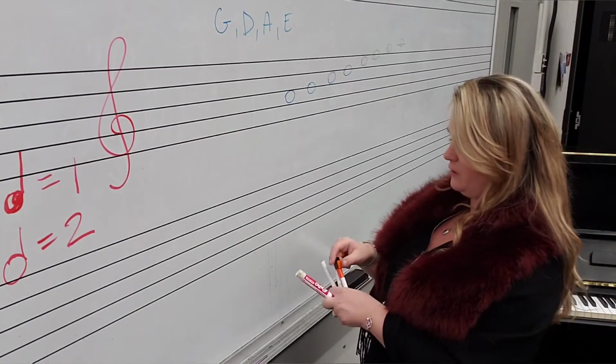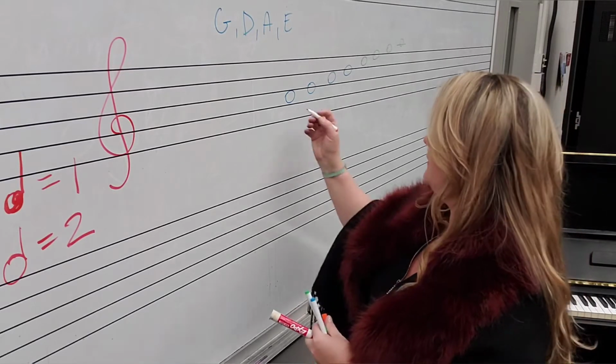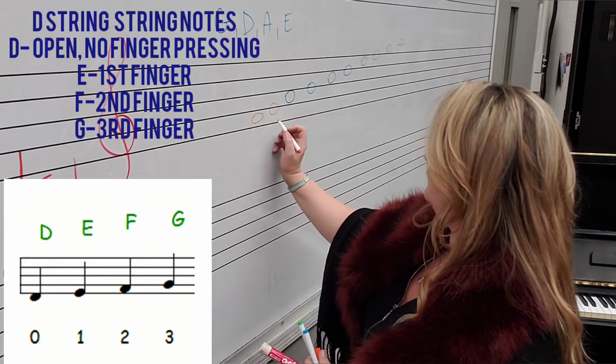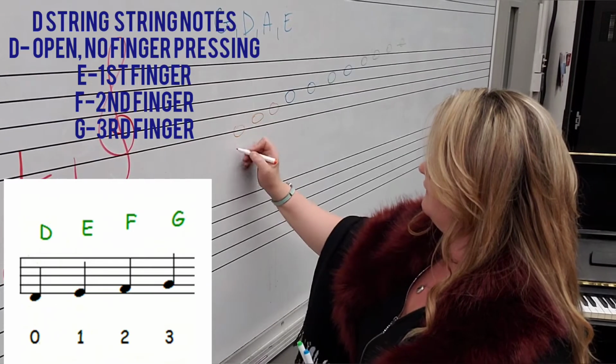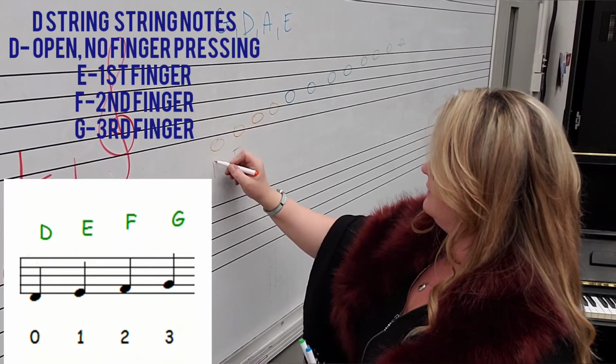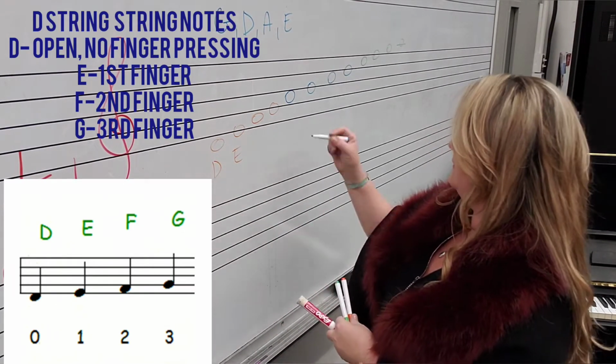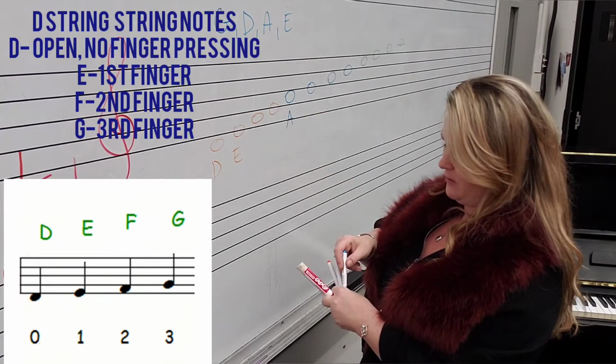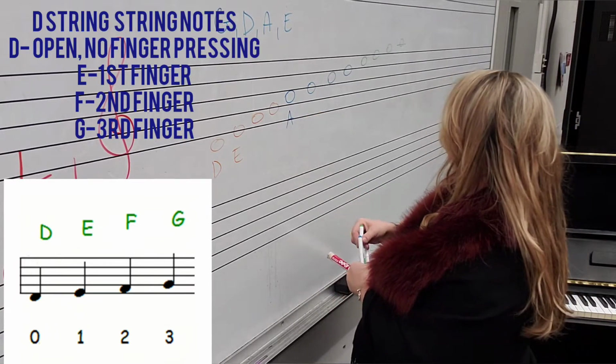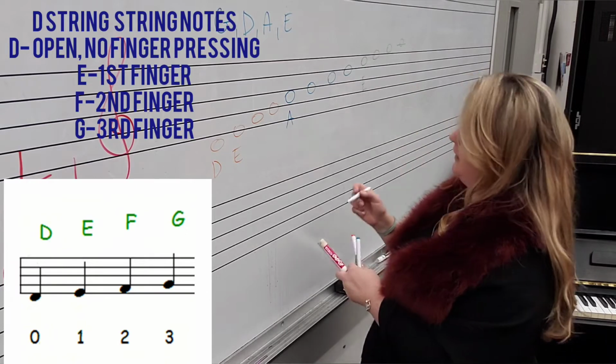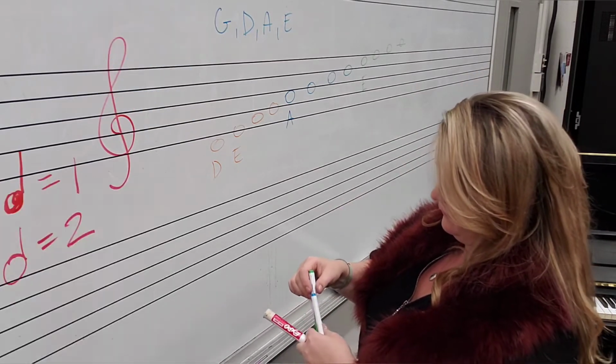Now I'm going to use, how about orange for the D string? So this is G, F, E, D. Notice that it goes step by step, and we have different letter names on that.